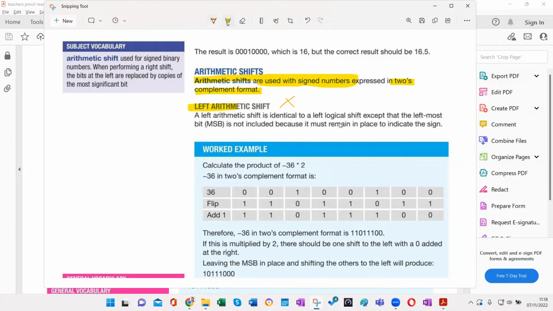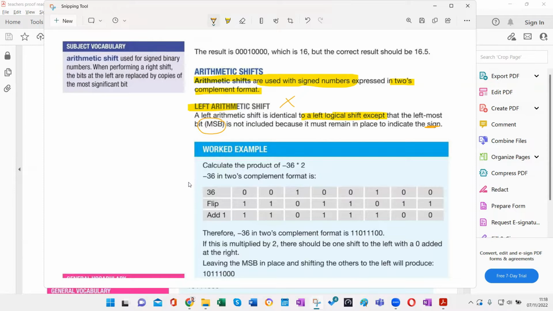What does that mean? It's same as left logical shift, except that you don't do anything to the most significant bit. You don't shift the most significant bit. Why? Because this is needed to represent the sign. We don't do anything to that.